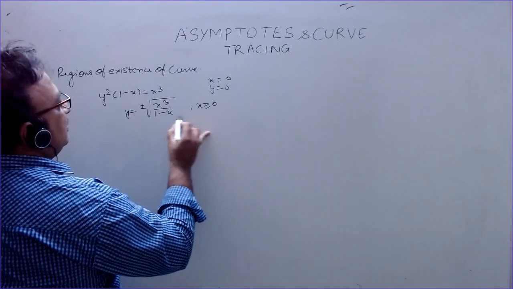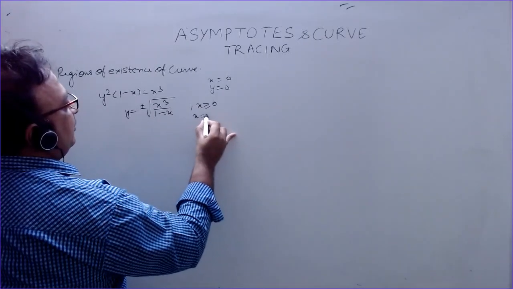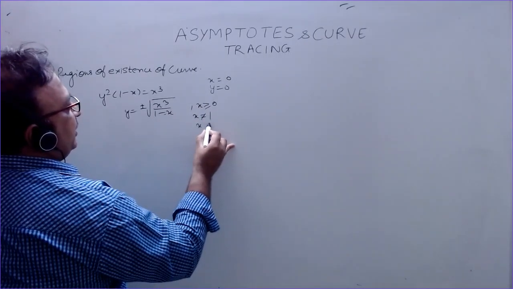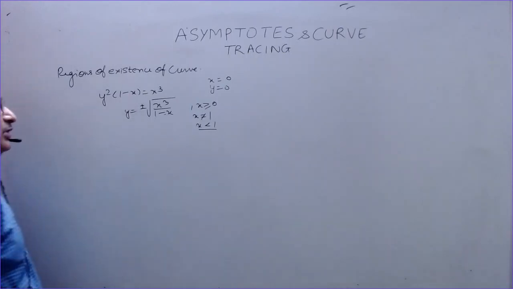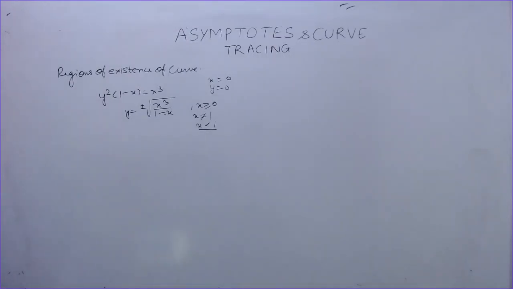Denominator cannot be 0, so x cannot be equal to 1, and x should be less than 1. So it exists for the values of x equal to 0 included, and x equal to 1 excluded. So it is existing between x equal to 0 to 1, but at x equal to 1 it is not going to touch. So you can say that x equal to 1 can be an asymptote to this curve. So this will be the next step.